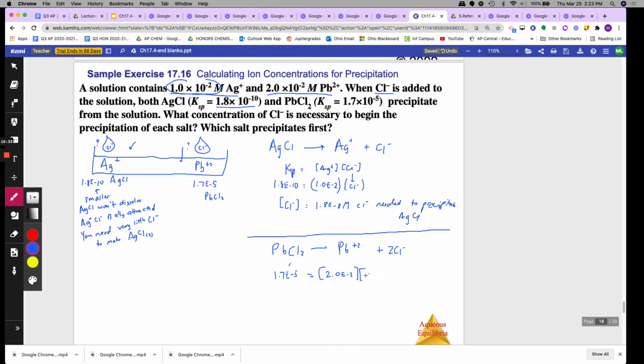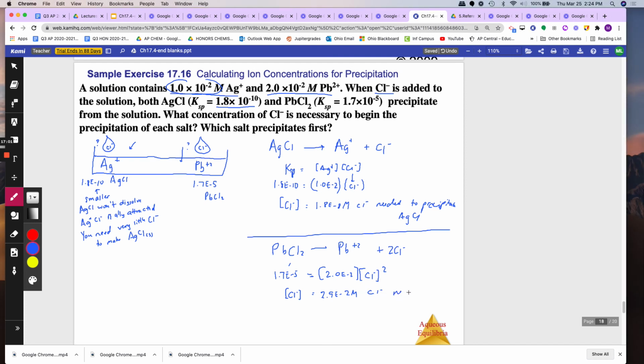And this is going to be squared, Cl minus squared. Okay, so you're going to solve for Cl minus, and you're going to find the number 2.9 e negative 2. Okay, so this is needed to precipitate all of it out, to precipitate PbCl2.